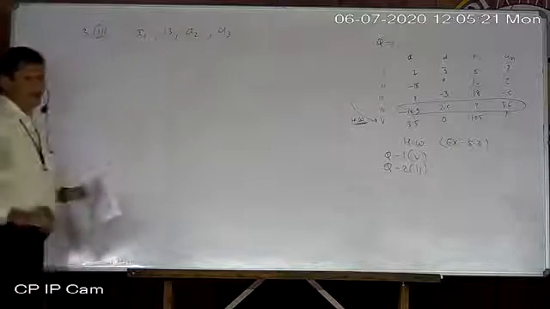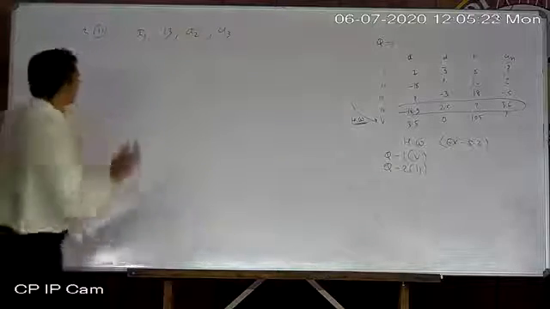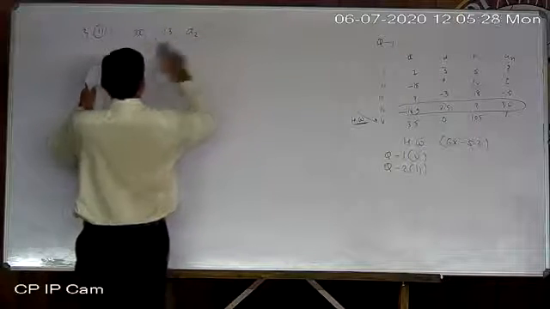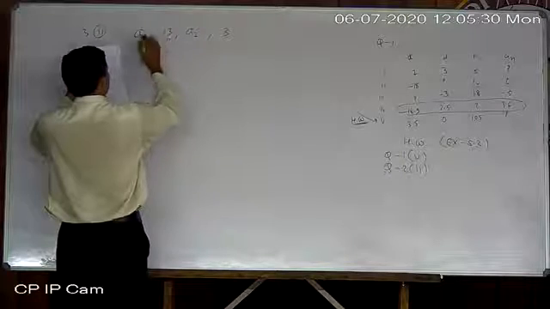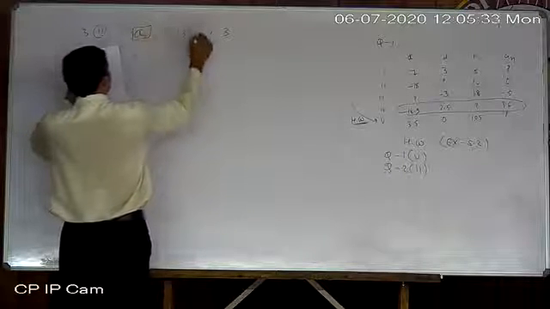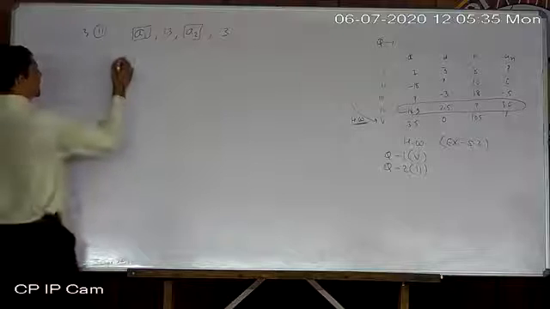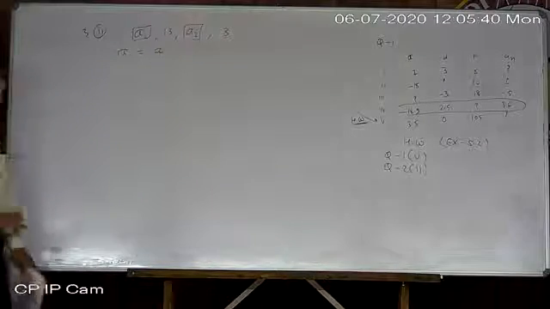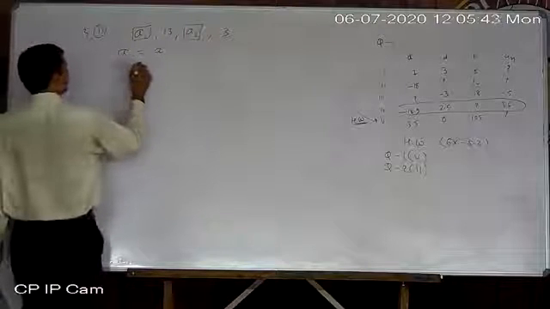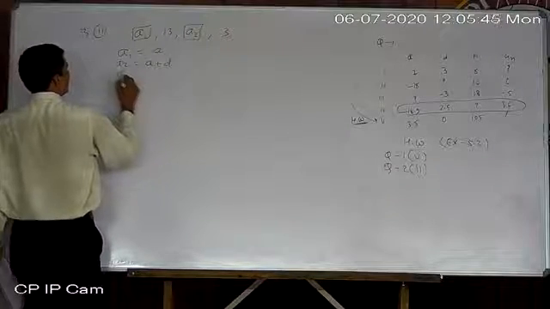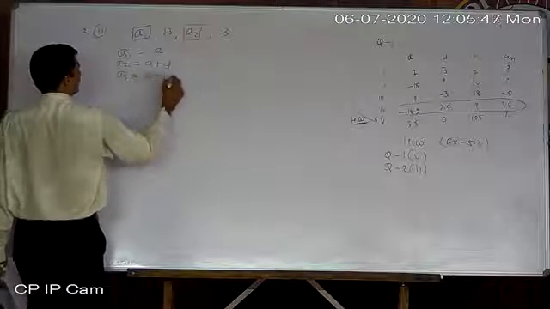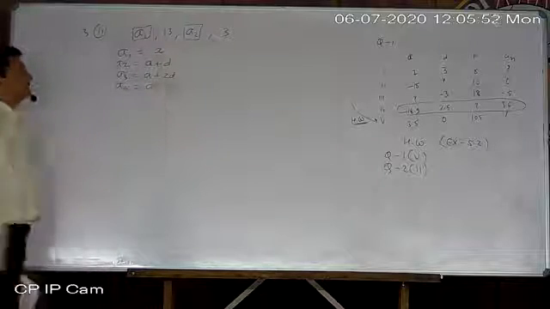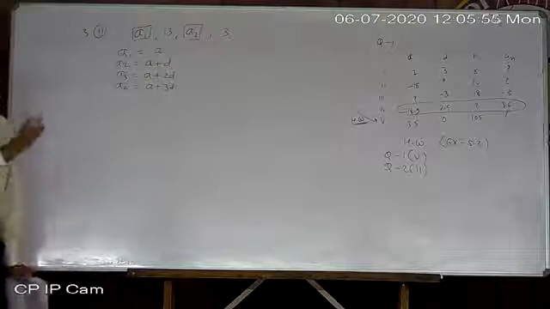These two are unknown, A1 and A3. A4 is already given, 3. So first term not given, second term given, third not given. Now write down A1 equal to A, A2 equal to A plus D, A3 equal to A plus 2D, A4 equal to A plus 3D. As usual, we can write this way. Now place all values.